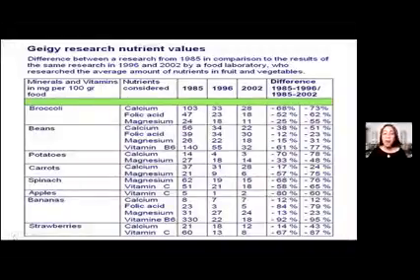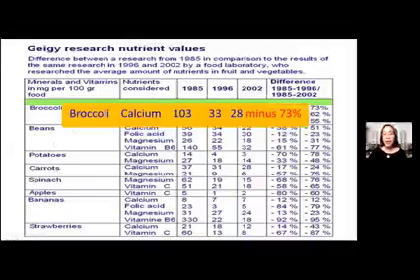They checked some vegetables, for example broccoli. They looked into the calcium content of the broccoli. They found out that way back in 1985, the calcium of broccoli was still 103 milligrams per 100 grams of food.